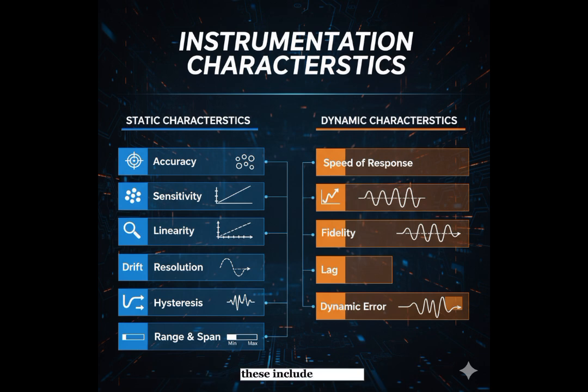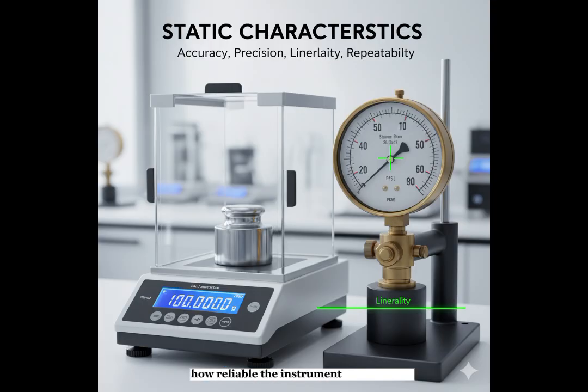These include accuracy, how close the measured value is to the true value; precision, how consistent repeated measurements are; sensitivity, how much the output changes when the input changes slightly; linearity, how well the output follows a straight line relation with input; hysteresis and repeatability, how reliable the instrument is when used again and again.